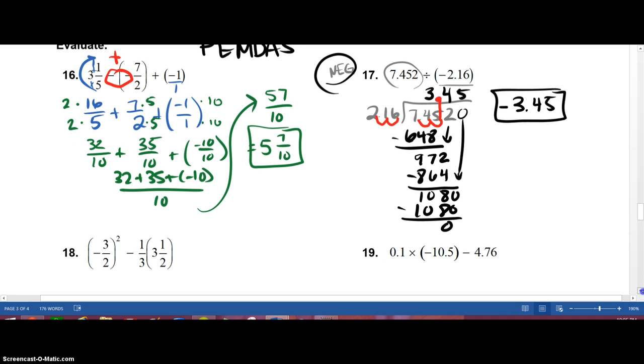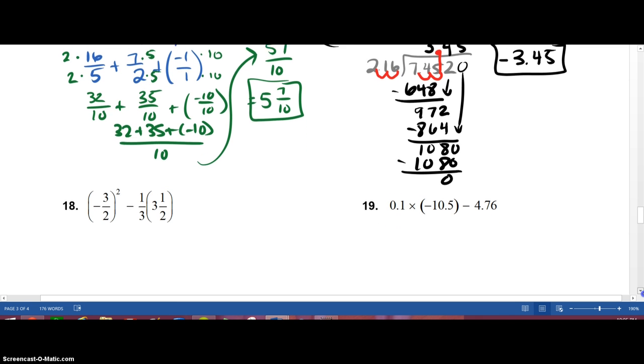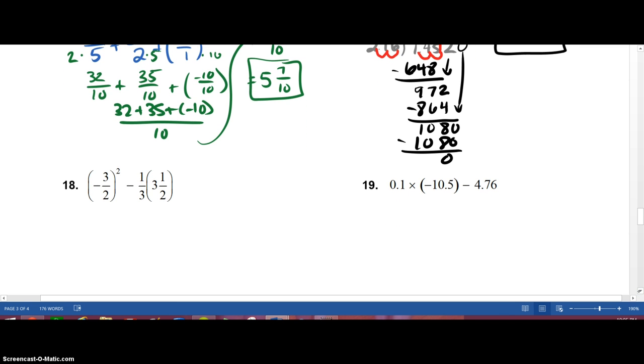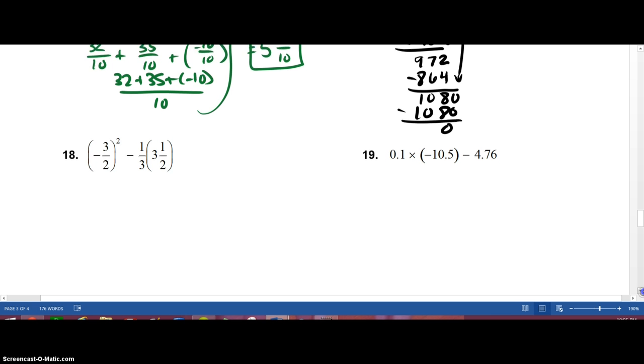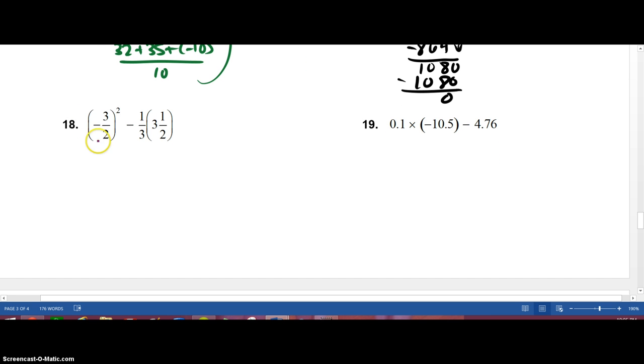For number 18, I have negative 3/2 squared minus 1/3 times 3 1/2. So first, I'm going to rewrite this underneath. This squared just means my number in parentheses here, so that negative 3/2 multiplied by itself.